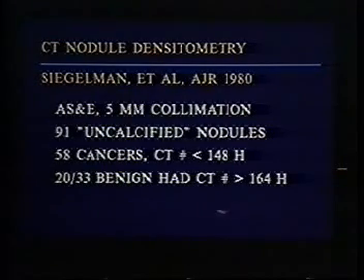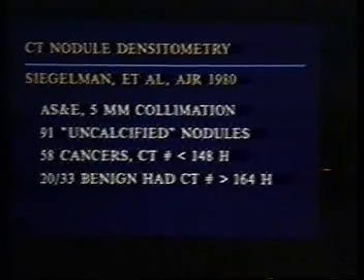And on his scanner, these CT numbers were greater than 164 Hounsfield units. So in other words, out of this 91 patients, he found 20 in whom CT was able to diagnose calcification, while conventional tomos were not.